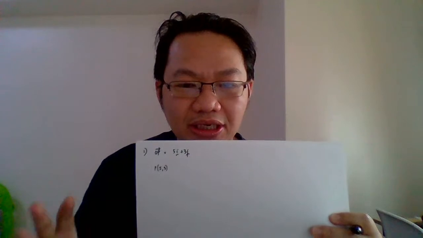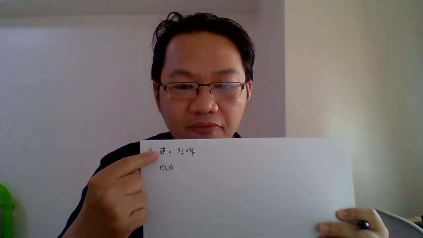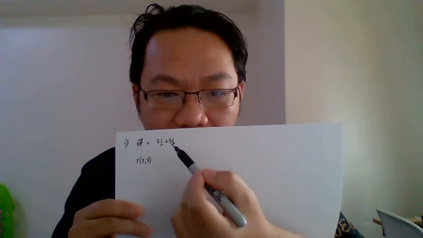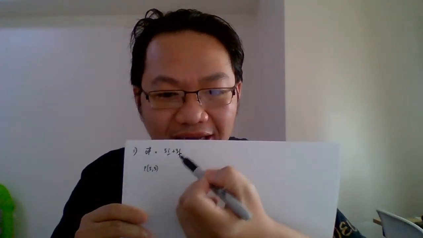Okay, this one. Very straightforward. What happens if the question is asking in the form of xy? Sorry, this is the vector form. Now we are talking about the matrix form. So how do we change this into the matrix form?